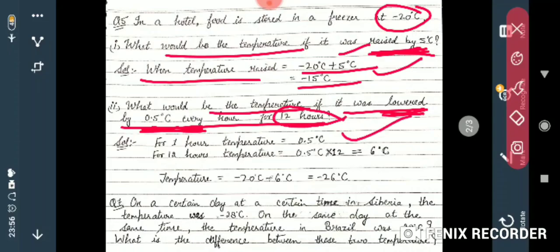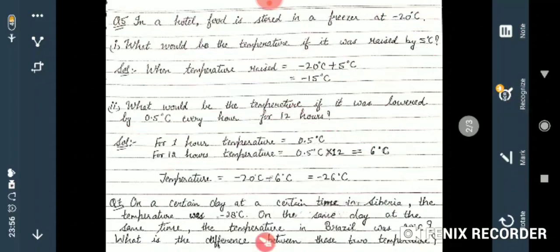So for 1 hour, what was the decrease? 0.5 degrees Celsius. Then for 12 hours, as it was done continuously, for 1 hour it is 0.5 degrees Celsius, so for 12 hours it will be 0.5 multiplied by 12, because for more than 1 hour, what will you do?